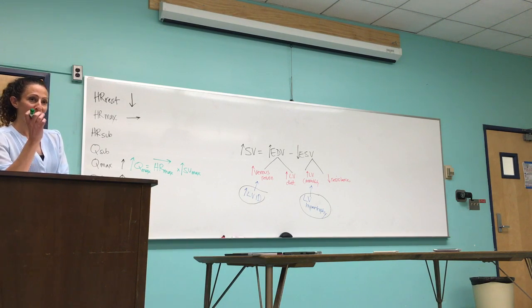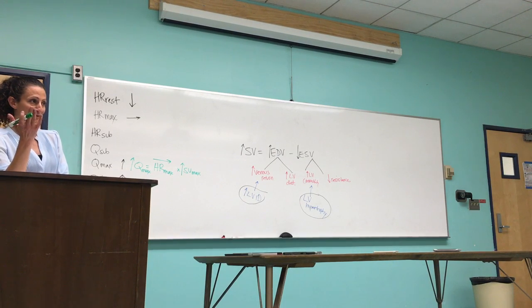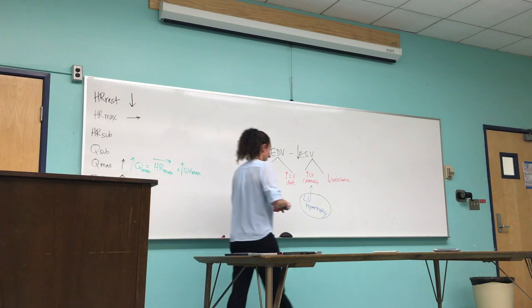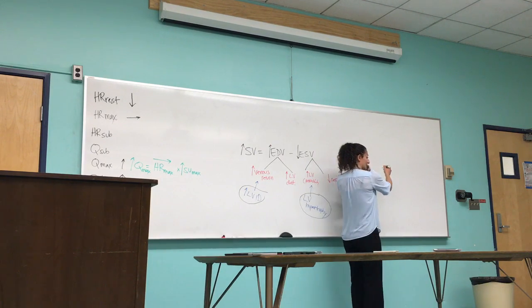How is it possible for me to say that a 250 pound person and a 110 pound person jogging at 5 miles per hour are going to consume the same amount of oxygen? How can I say that? How do we express oxygen consumption? In what units?